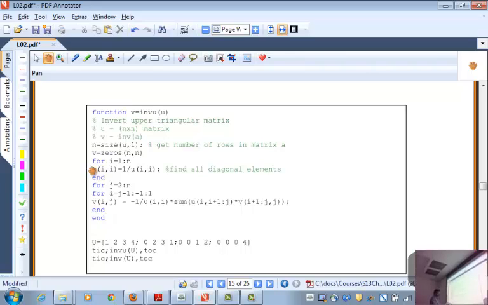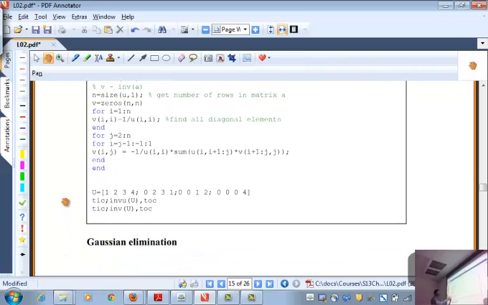Here, what I'm showing is I'm defining a 4x4 matrix. Okay, and the tic and toc functions give you the clock time for execution. So inv_U is the function that I wrote here, and inv is the general function that MATLAB has built in. Now, what is the difference between these two?